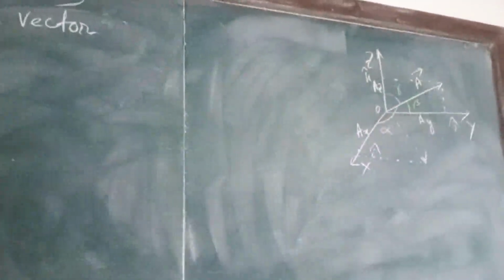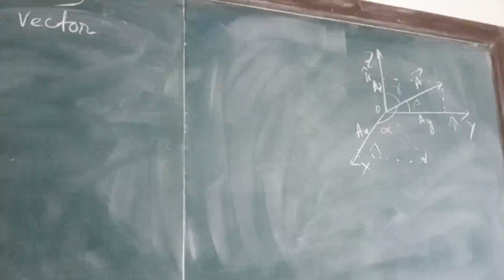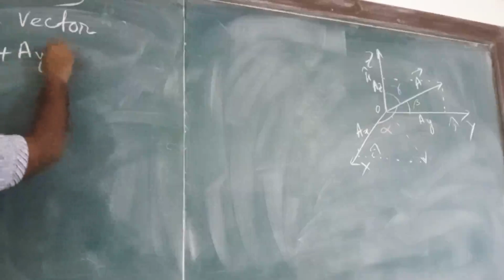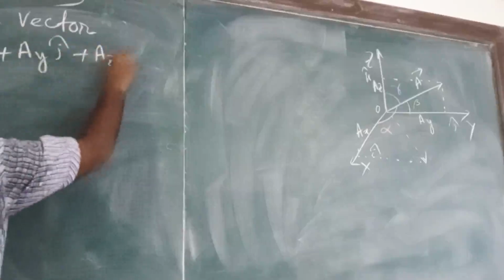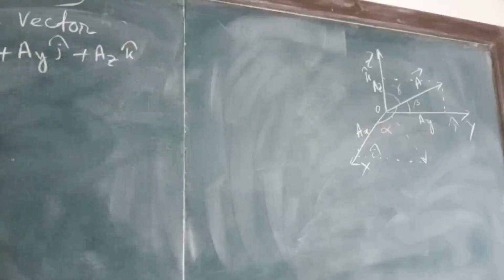then we know the vector A equals AX i cap plus AY j cap plus AZ k cap.